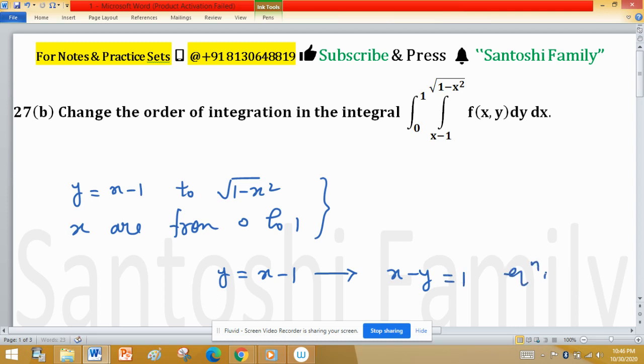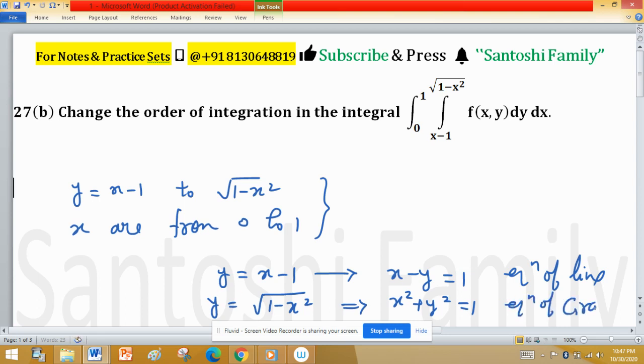And y equal to square root of 1 minus x square implies x square plus y square equal to 1, and this is the equation of a circle.